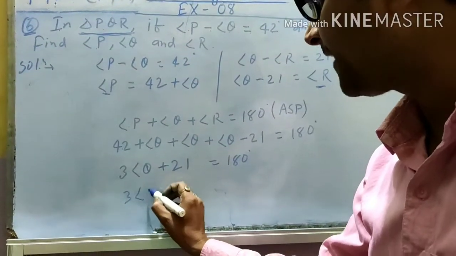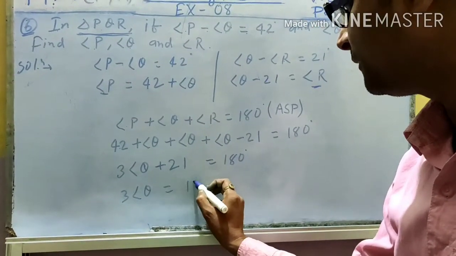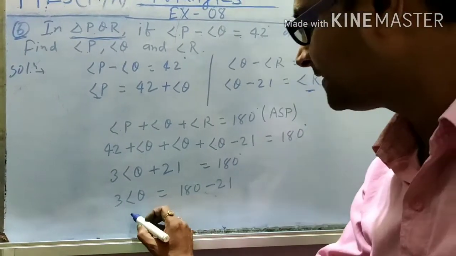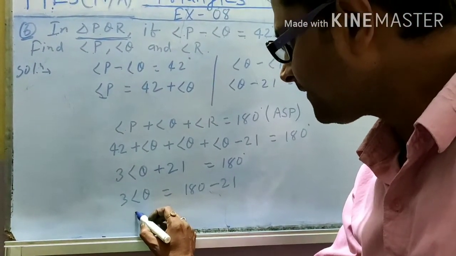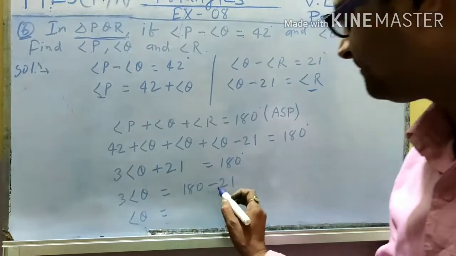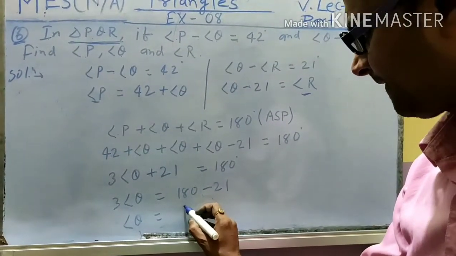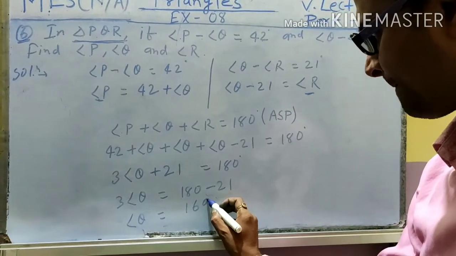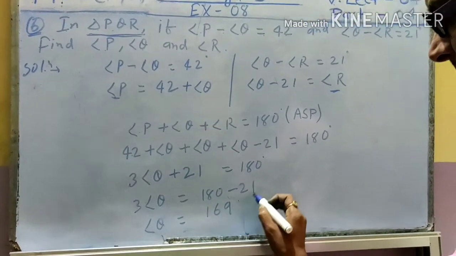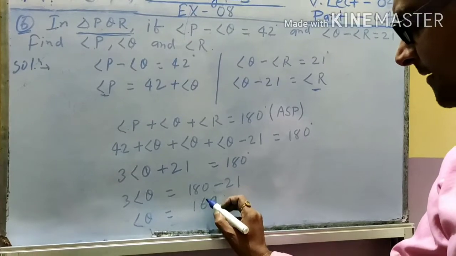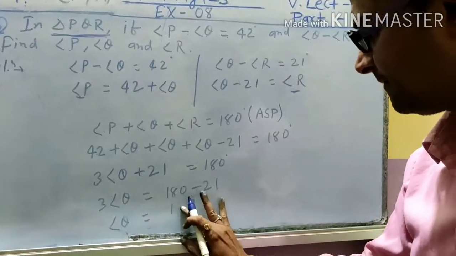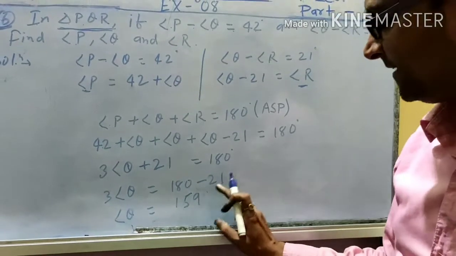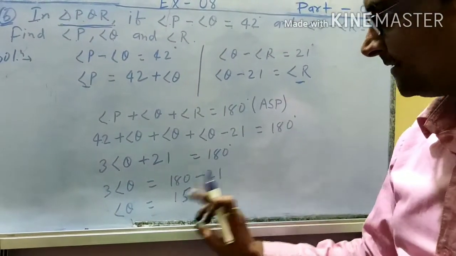Here 3 times of angle Q is equal to 180 minus 21. 180 minus 21, so angle Q is equal to 159.